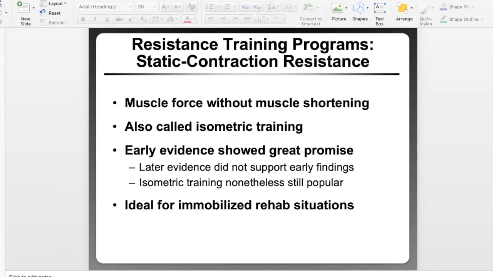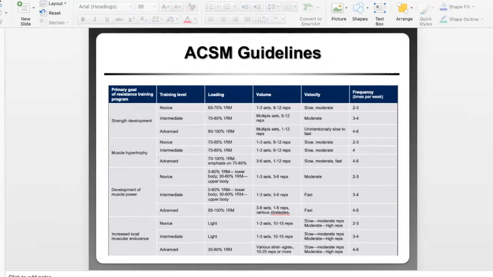All right, so let's take a look at this. Now, according to the American College of Sports Medicine, these are the guidelines in order to work strength, hypertrophy, muscle power, and muscular endurance. At a novice training level, somebody who's doing strength development should work at about 60 to 70% of their one repetition max.